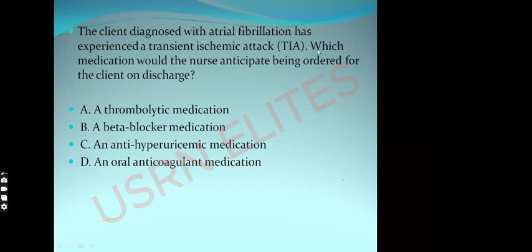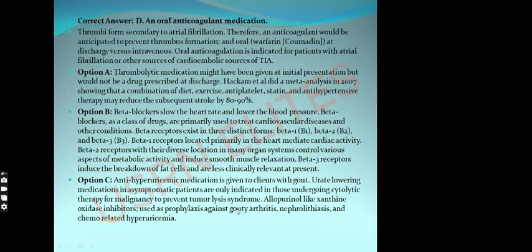Yes, I think that is it. AFib requires us to give anticoagulants, and the TIA also confirms that it is agreeable to give anticoagulant medication. So that is true. Our answer is the oral anticoagulant medication.